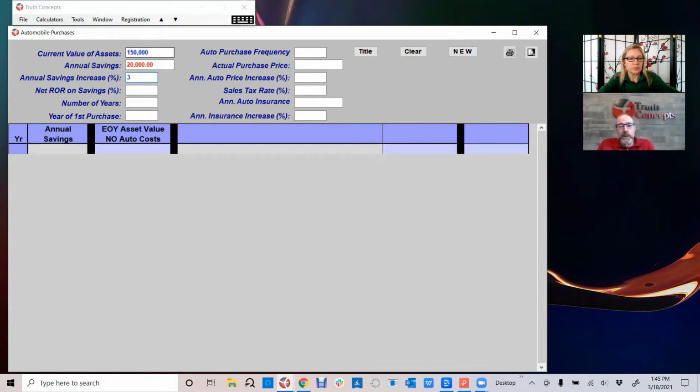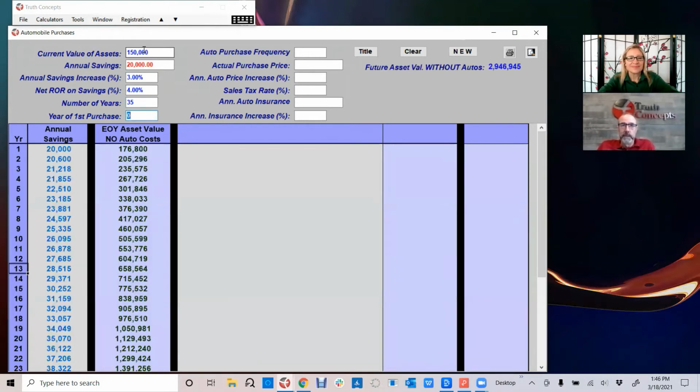So their cost of living is going up by 3%, and they're also increasing their savings amount each year by the same 3% rate. And let's say they're earning a net 4% on these savings dollars, and let's look out over 35 years. If we look at this, we see that the future asset value without any automobile purchases is almost $3 million, so $2.9 million.